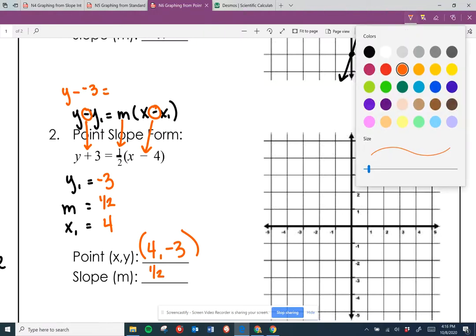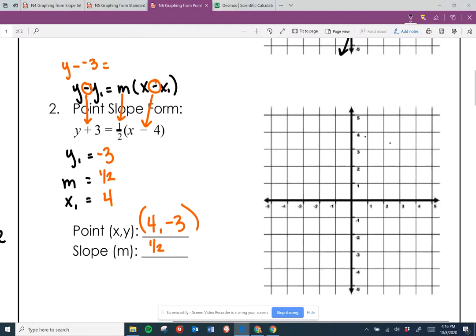So I'm going to put that first point on the graph here, for negative 3, so down 3, and then I can continue my slope of 1/2, right? So 1 over 2 kind of runs off the graph a little bit, but it would be a little bit over here, and then down 1 to the left 2, down 1 left 2, just like this, right? As long as I have an equal sign, I don't have to worry about shading or any type of dashes or anything like that.